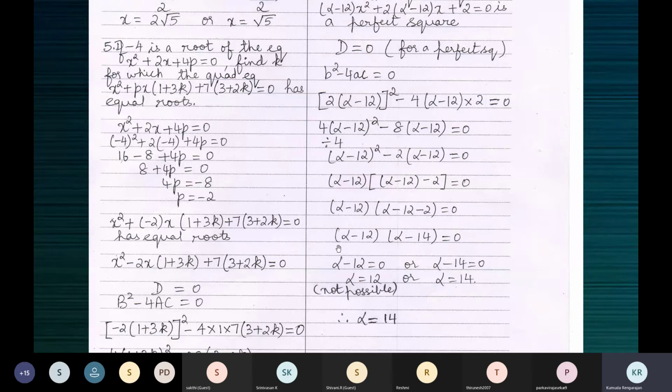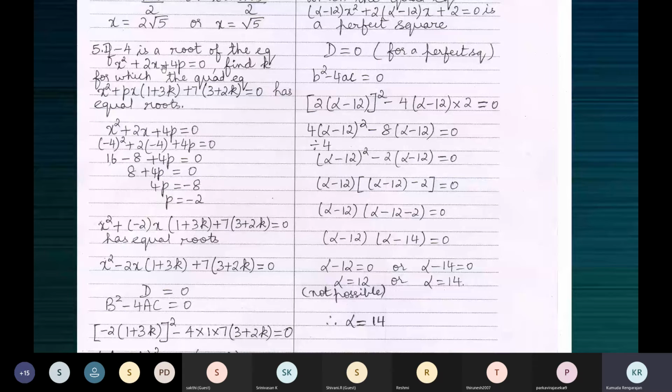Children, don't read ahead, let's do it together. Since it's given that minus 4 is a root of this quadratic equation, that means minus 4 will satisfy this equation. So in place of x, when you use minus 4, you can work this equation and find the value of p.